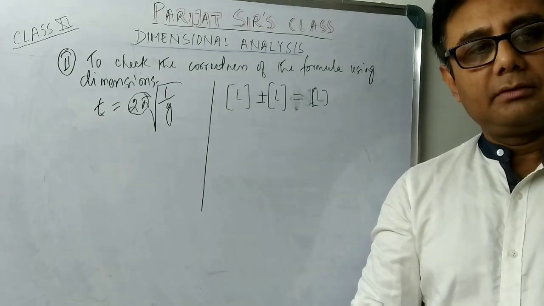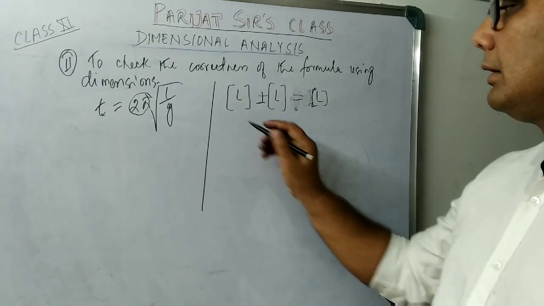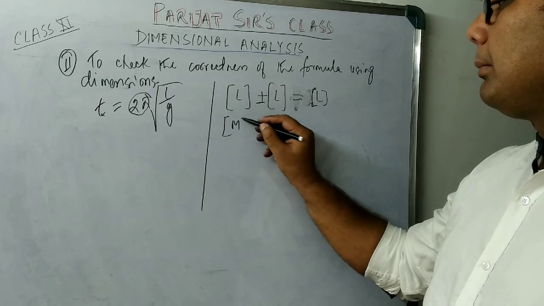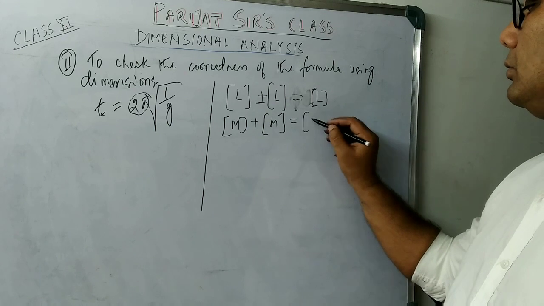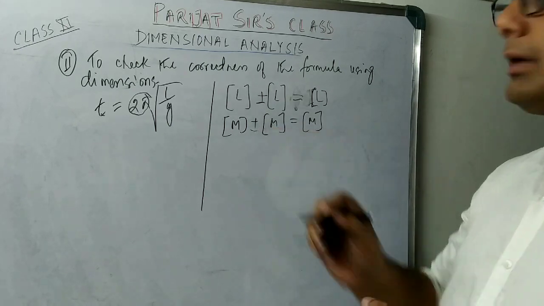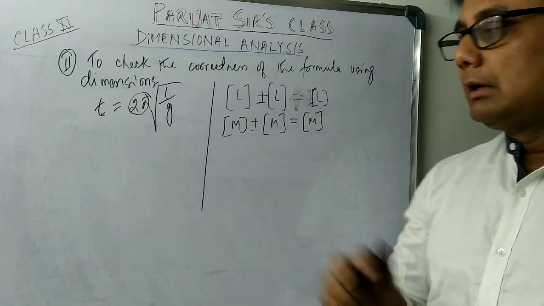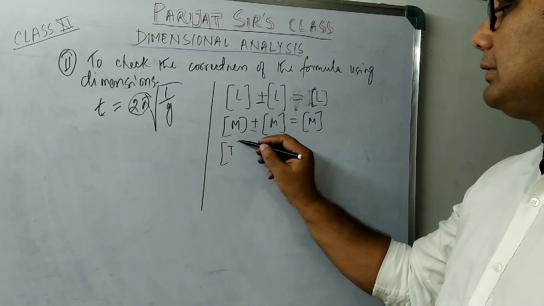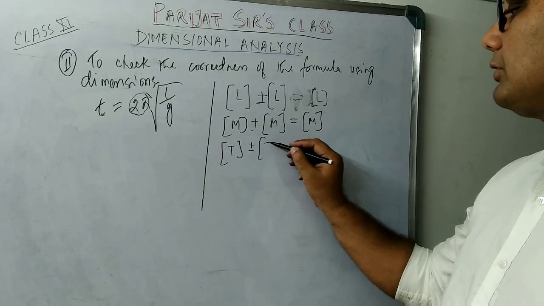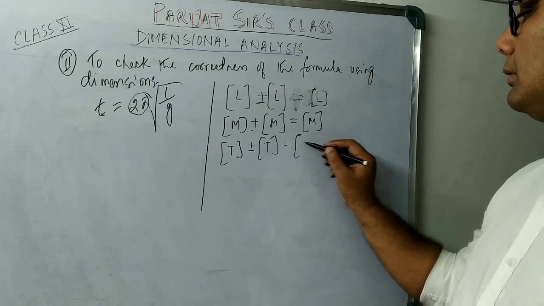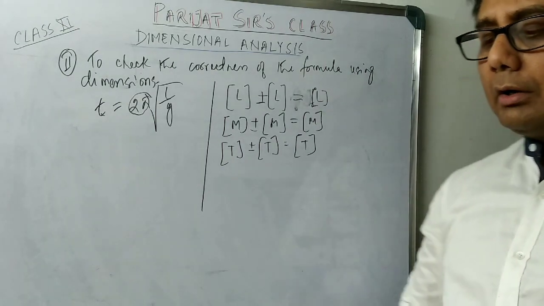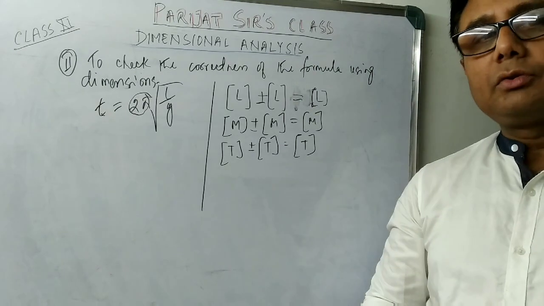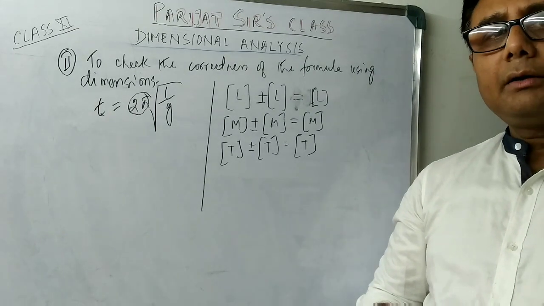And 3 meter is a length. Similarly, when you add mass with mass, you get mass. When you subtract mass with mass, you get mass. Similarly, when you add time with time or subtract time with time, you actually get time. So keep this in mind. It is not L plus L, is not actually 2L. Okay?